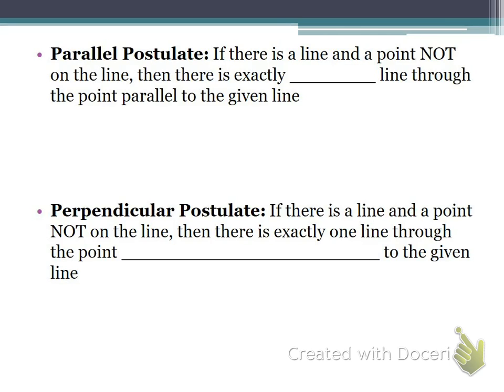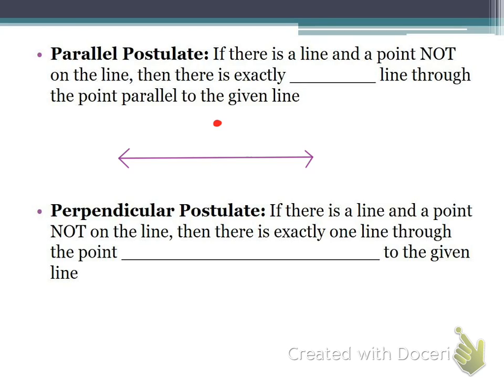All right, we've got a couple postulates. The parallel postulate says if there is a line and a point not on the line, so I'm going to draw that situation. There is a line, that's why you got some space there so that you can draw a picture. You have a line, you have a point that is not on the line, so it doesn't really matter where it is as long as it is not on the line.